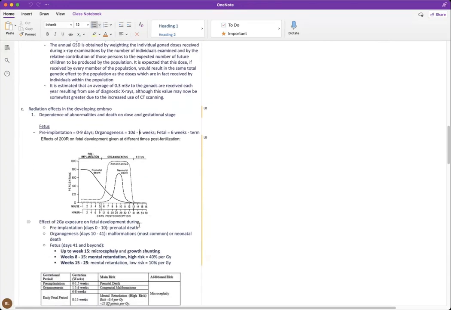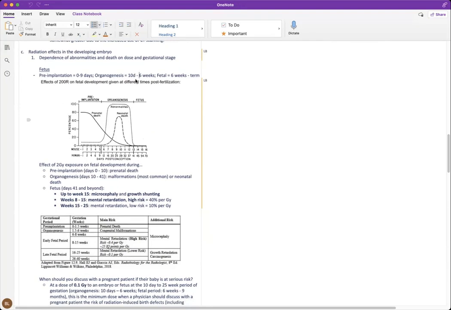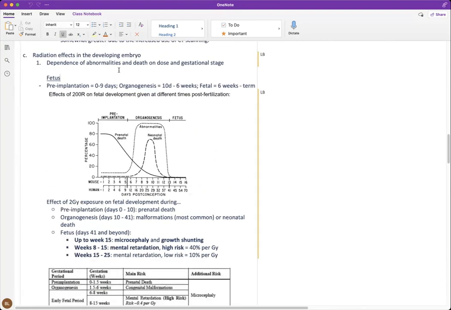Radiation effects in the developing embryo: dependence of abnormalities and death on dose and gestational stage. Okay, this is relevant, thinking about fetuses and pregnant patients, so this is also pretty high yield.